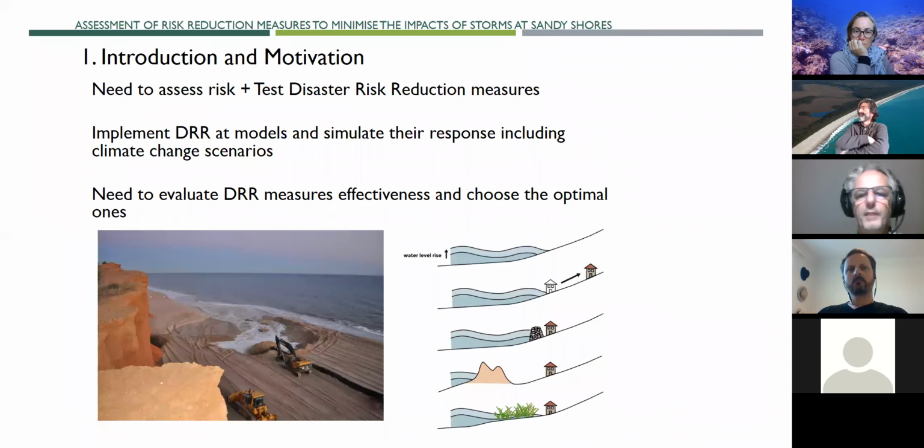And what is most important in this talk is how to assess risk and how to test disaster risk reduction measures in order to do this coastal adaptation in the most effective way.